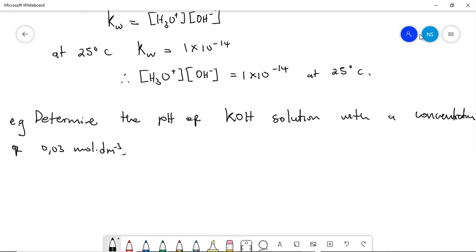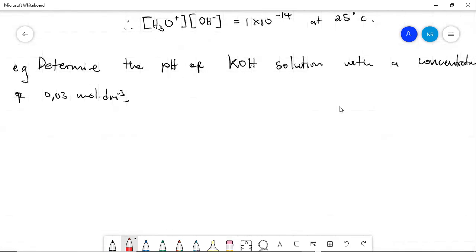So we want to know the pH of the KOH solution. What we need to acknowledge before we answer this question is that KOH is a base. And what we know about a base is that it dissociates to form a high concentration of OH ions. That's a strong base. So now we know, okay, this is a strong base.